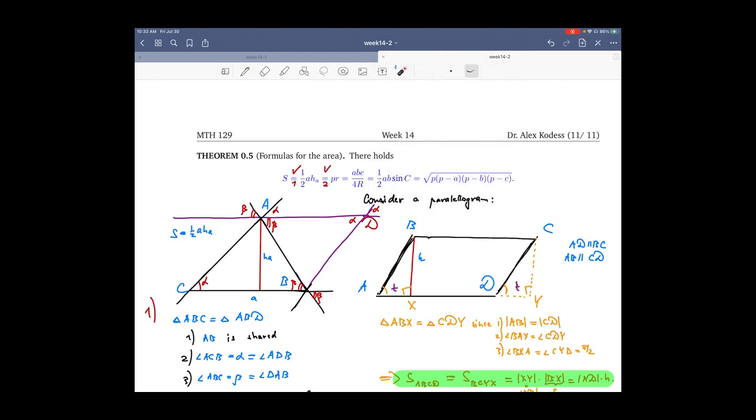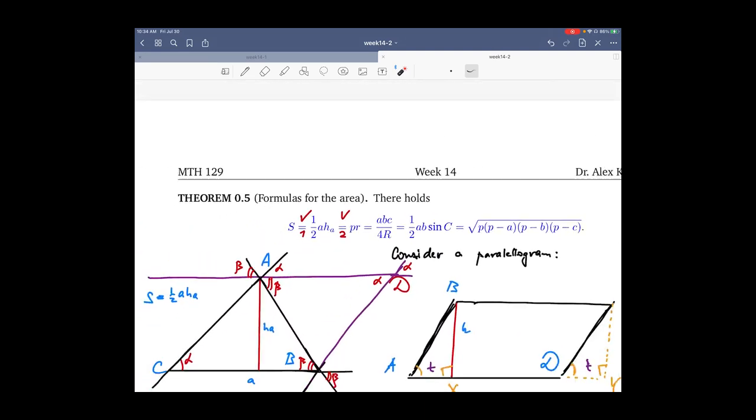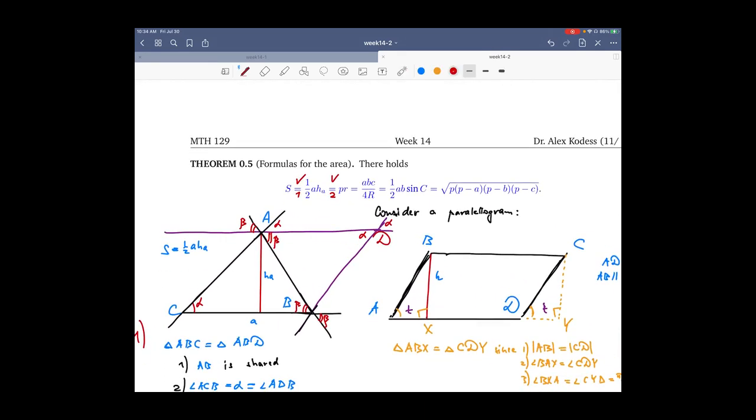Now, the area of a triangle equals the product of the three sides divided by the product of 4 and the radius of the circumcircle. Note, by the way, the units in this formula. When you write S equals abc over 4R, the units will be what? a, for instance, is in meters, b is in meters, and c is in meters.